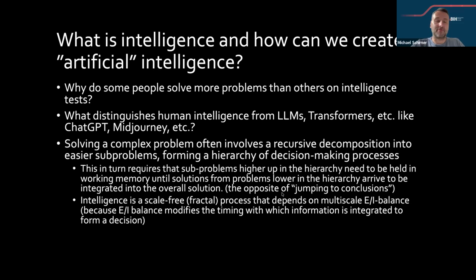In computer science, this is often called divide and conquer, and this is a widely used strategy for coming to decisions. So here a hierarchy of decision-making processes is formed, and this then requires that all these subproblems in this hierarchy, so we have a big problem to solve and we decompose it into simpler problems, a whole tree of problems to solve.